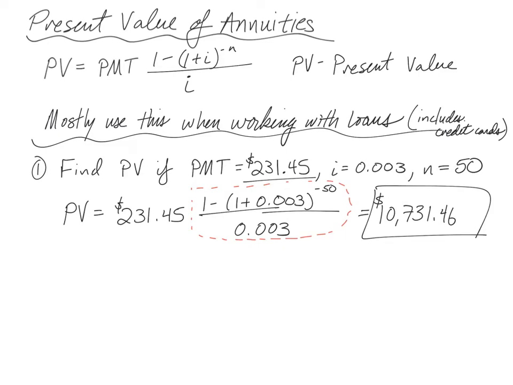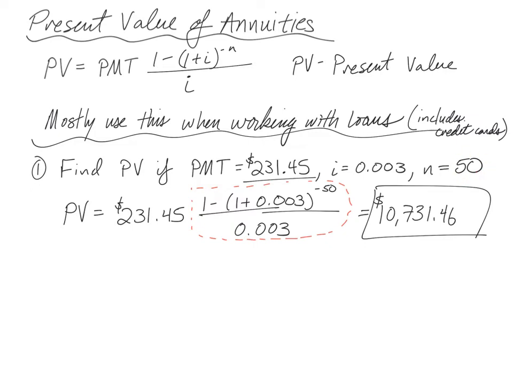So if you took every payment you were going to make over the next 50 time lengths, whatever that is, right? We don't know if this represents months or weeks or days or whatever, and you discounted them back to today's money before they earn any interest, right? That first payment you make would make interest 50 times.